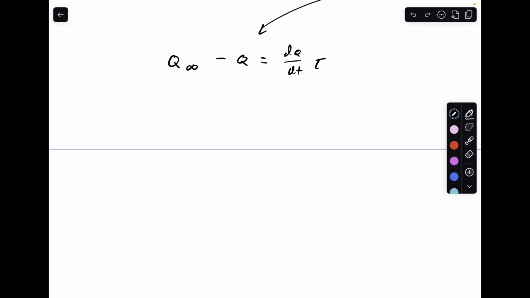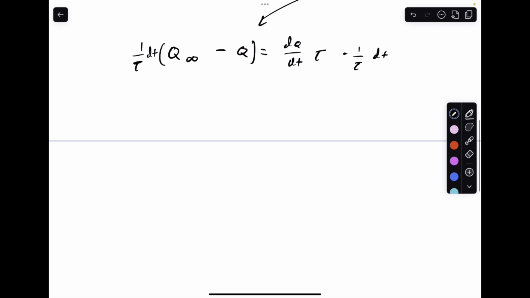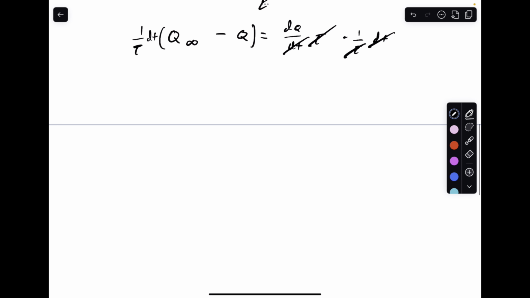I'm going to multiply 1 over tau times dt to both sides. This is a nicer tau. And doing that will cancel my tau here, cancel dt here, and I'll get dt over tau times q infinity minus q is equal to dq.